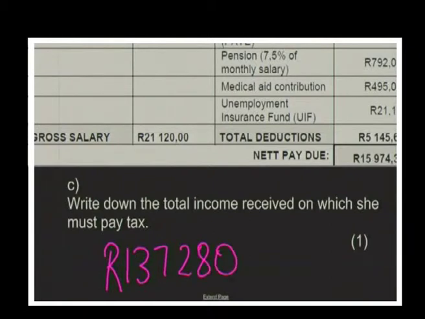That is her amount that she must pay tax on. We can also look for little clues: questions that are 1 mark questions are normally something we've calculated before, something that's clear and evident in the question. So that is just our total that we pay tax on.